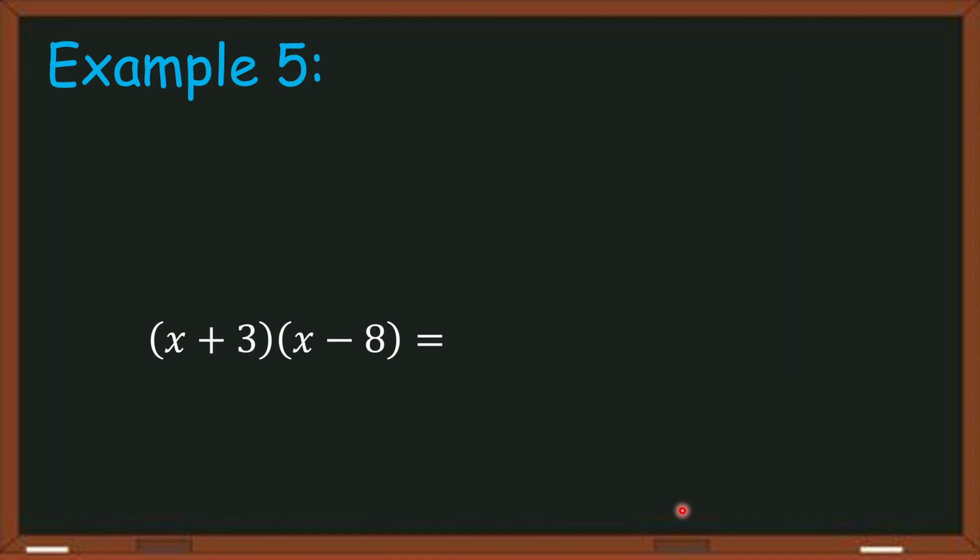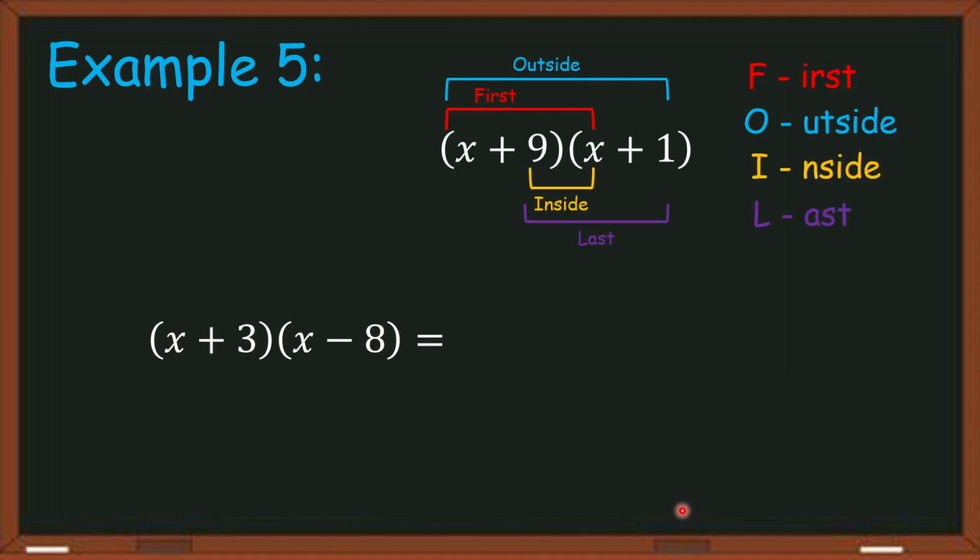Last example natin, again, imumultiply natin ito using FOIL method. So, simulan lang natin dito sa x times x. So, the answer is x squared. And then, multiply natin itong x times negative 8. So, x times negative 8 is equal to negative 8x. So, lagay lang natin negative 8x. And then, multiply naman natin itong inside, yung 3 times x.